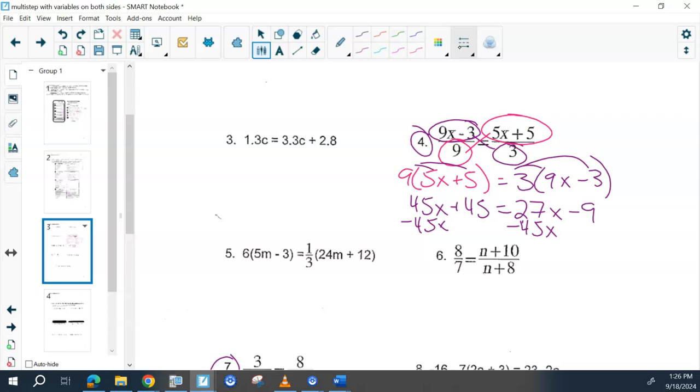At the same time, because I moved the variables to the right, I can move the constants to the left, and I can add 9. So that the 45x's cancel and the 9's cancel, leaving us with 54 equals negative 18x. So we basically did both steps just at the same time.